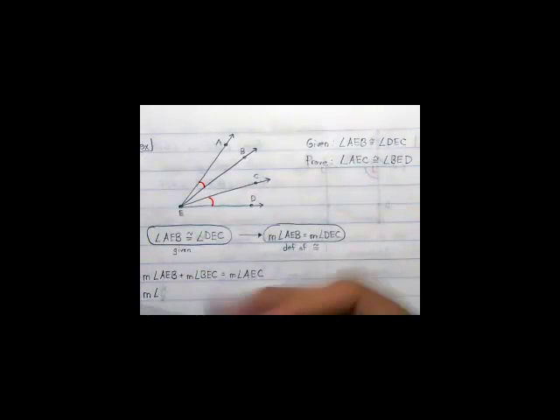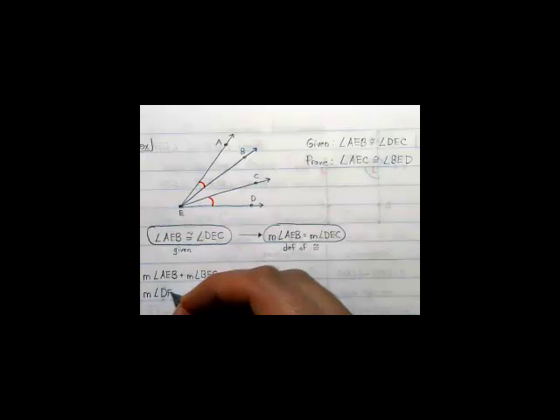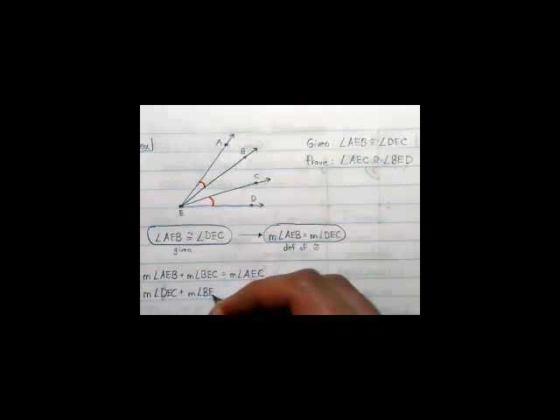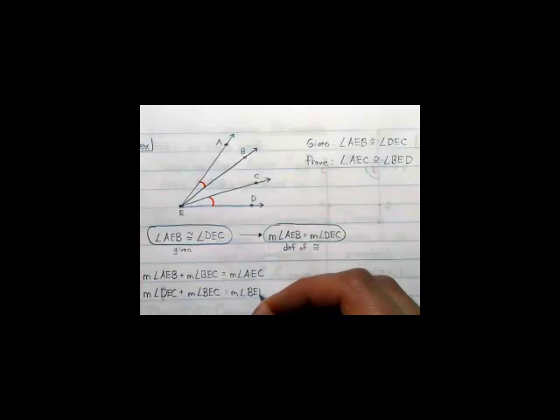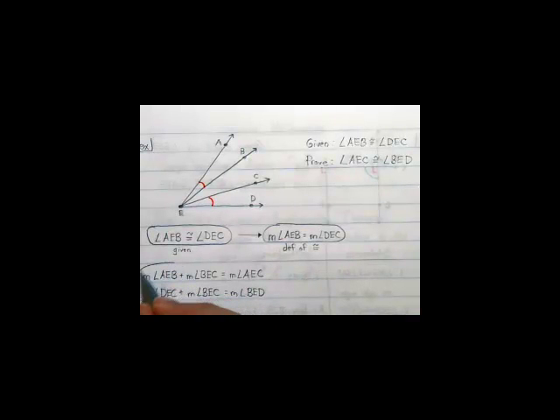So it's all justification, doing all the same thing. So I can include this all as one big step. So then I also have the measure of angle, where are we at? CED. Or I guess I should do DEC technically, because that's how I wrote it up here. So DEC plus the measure of angle BEC equals the measure of angle BED. So this is all doing the same thing.